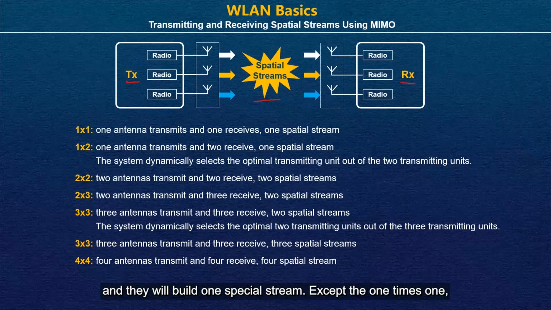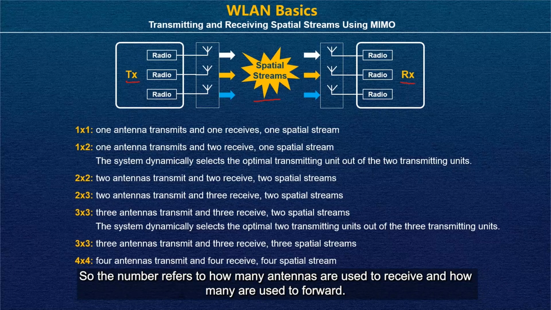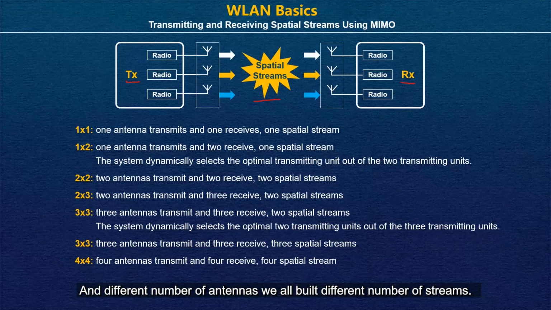Except the 1 times 1, here you can find 1 times 2, 2 times 2, 2 times 3, 3 times 3, 4 times 4. So the number represents how many antennas are used to transmit and how many are used to receive. Okay, and different numbers of antennas will build different numbers of streams.